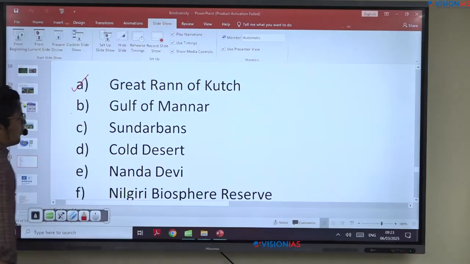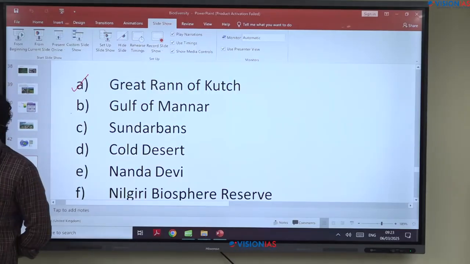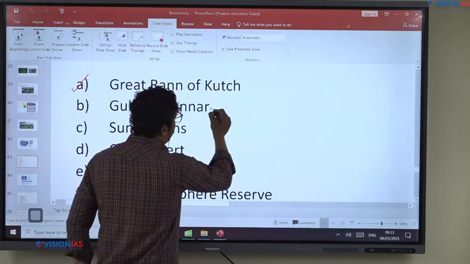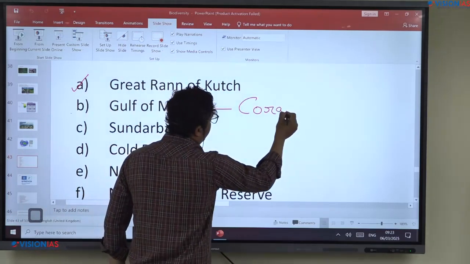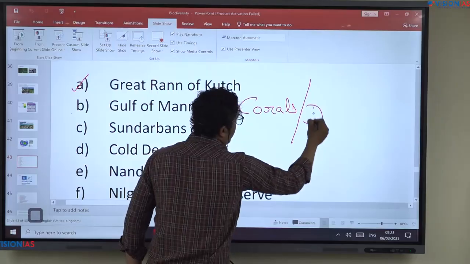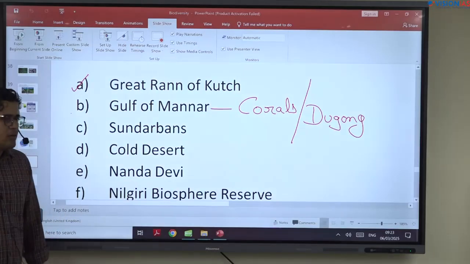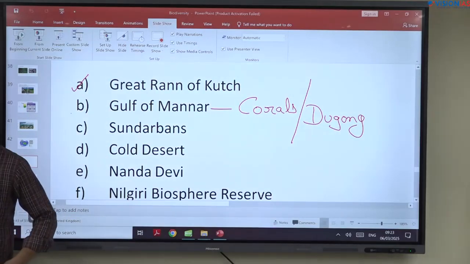Second, Gulf of Mannar, Tamil Nadu. India's first marine biosphere reserve, known for corals and dugong.